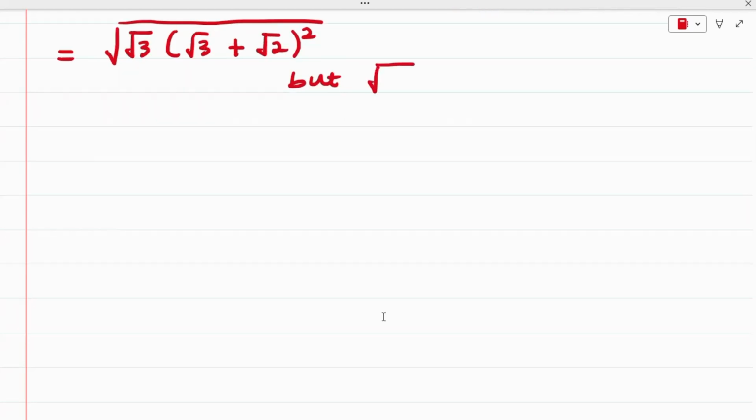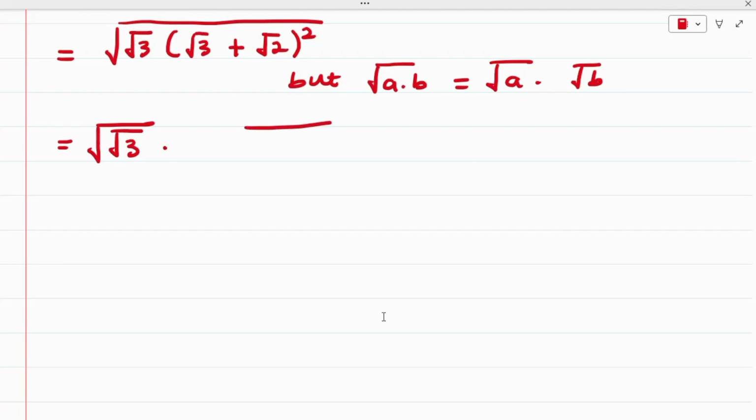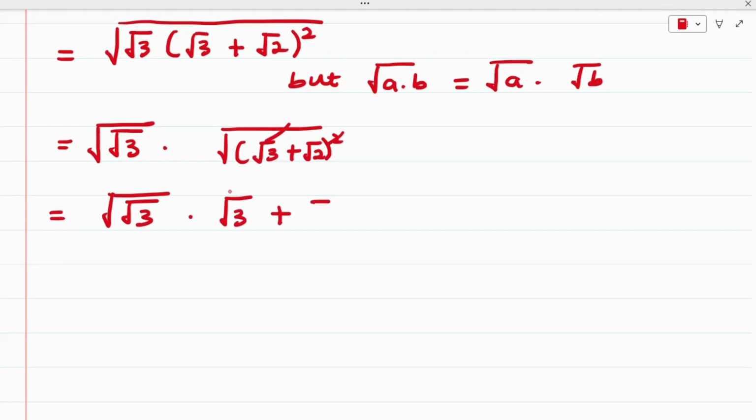But we have that if we have the square root of a multiplied by b, this is the same thing as the square root of a multiplied by the square root of b, right? So applying this, we have the double square root of 3 multiplied by the square root of the square root of 3 plus the square root of 2 whole squared. So this is equal to the double square root of 3 multiplied by, this is going to cancel out this, so we have the root of 3 plus the root of 2 right here.